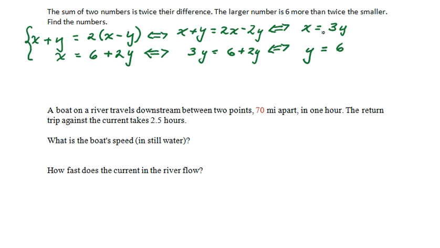So if y equals 6 and x equals 3y, x would equal 18. So we'll check the bottom equation first. 18 does equal 6 more than twice 6.